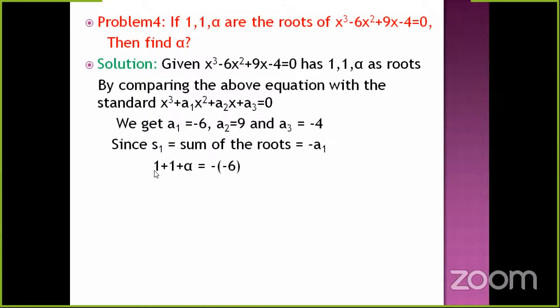So by substituting, the sum of the roots, that is 1 plus 1 plus alpha, is equal to minus A1, that is minus of minus 6. So then I will get 2 plus alpha equals 6. That implies alpha equals 6 minus 2. Therefore, the value of alpha is 4. So 1, 1 and 4 are the roots of the given cubic polynomial equation.